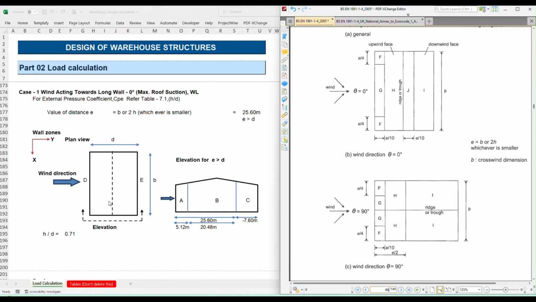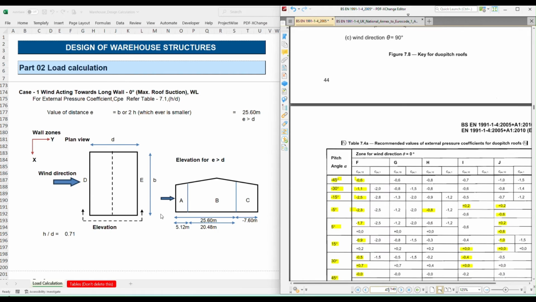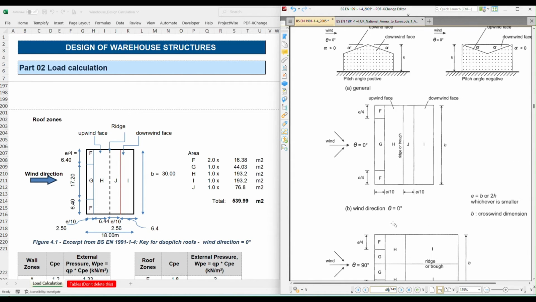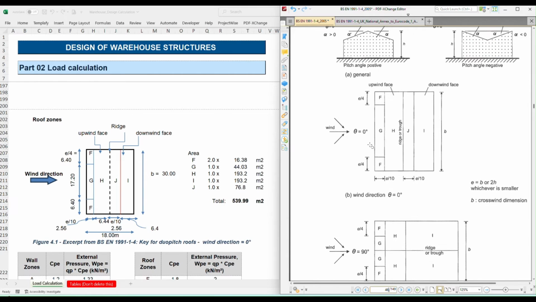According to that we need to find out the calculations. These are the roof areas we have calculated here. E by 4 is the F zone and G is the remaining zone.